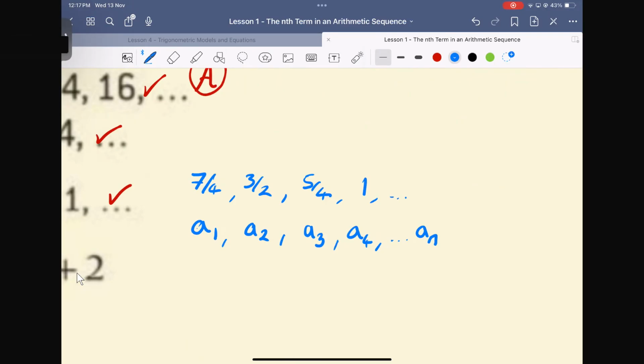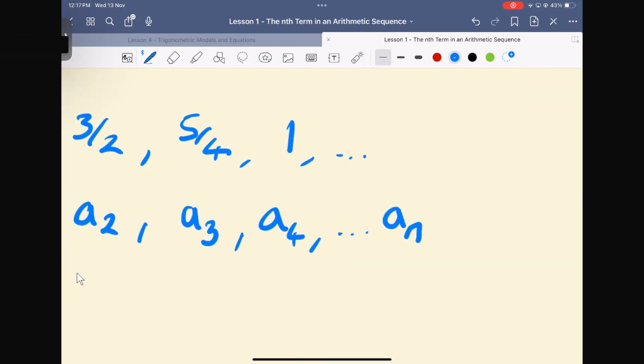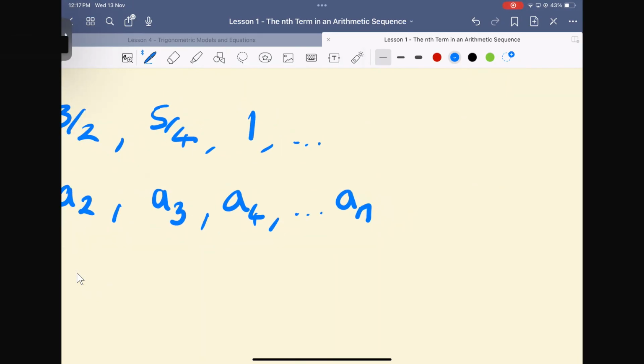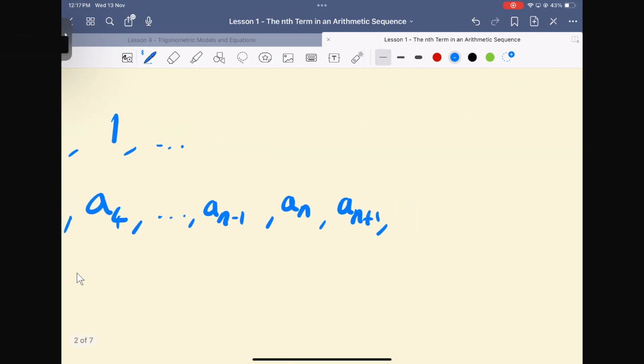What term comes after an? If we want to move more generally, we can have the term an, and then the next term is an plus 1. What about the term that came before that one? An minus 1. Which term comes after an plus 1? An plus 2, and so on.